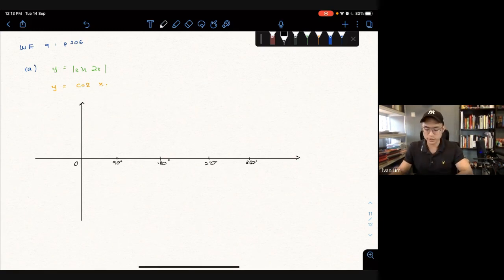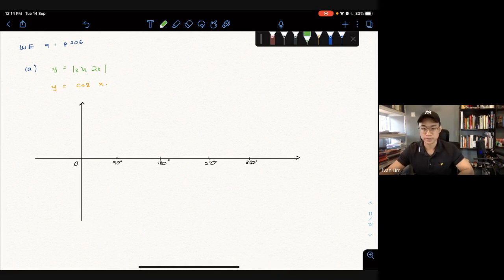Okay, let's draw the y equals sine 2x first. Sine 2x means now your period will be 180 degrees, and I'm fitting 2 cycles of sine graph within 360 degrees.